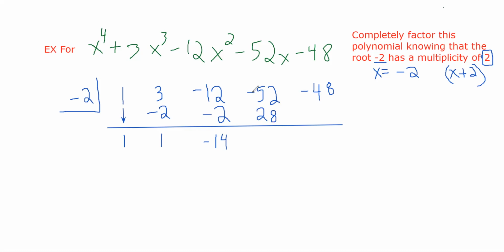And now we have to do -52 plus 28. We know it's still going to be negative, but then secretly we can come over here and do this side calculation.